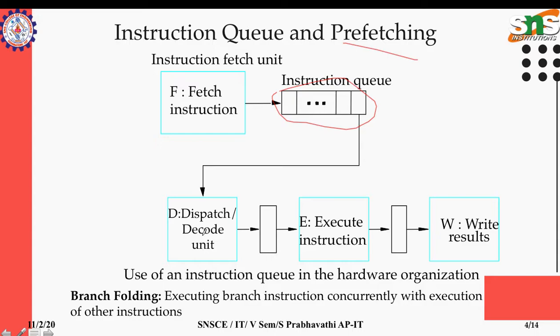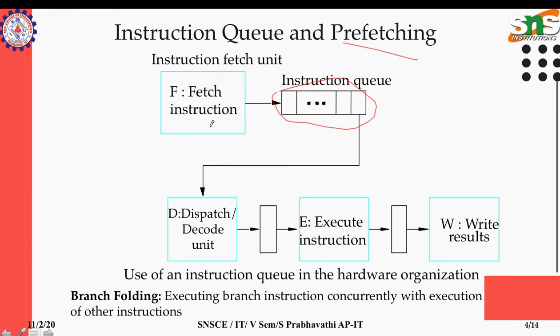What's the advantage? Without this implementation, when there is a cache miss, the instruction has to be fetched from the memory. But here the fetch unit keeps on fetching instructions till the queue is full. The queue has some size, and it keeps on fetching and putting instructions in it.